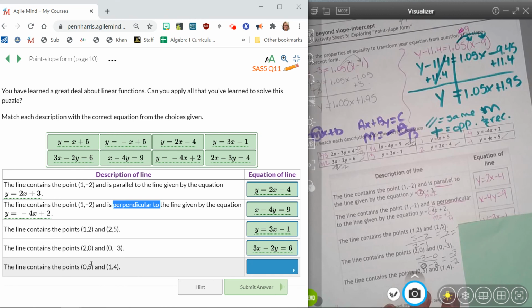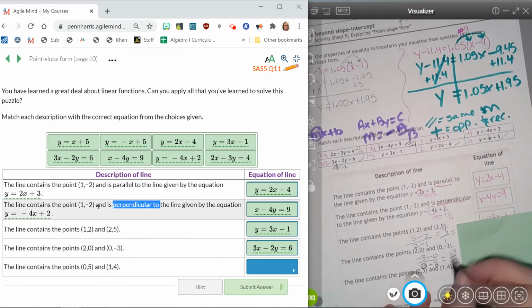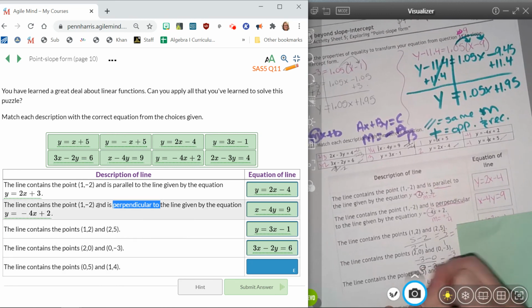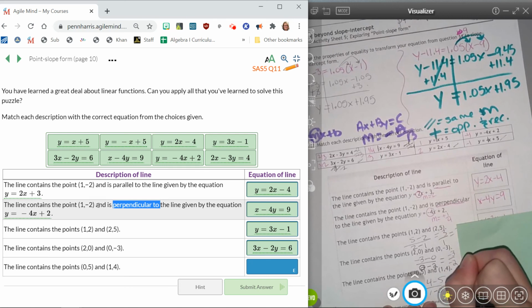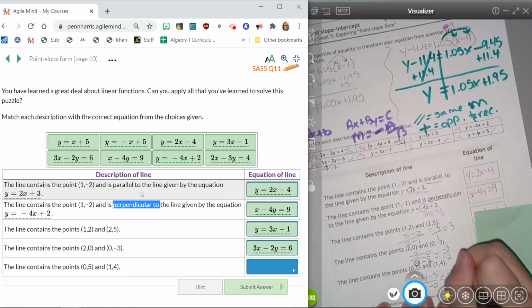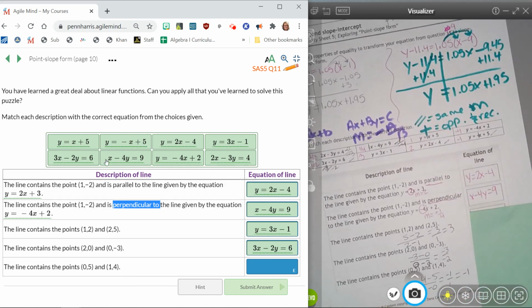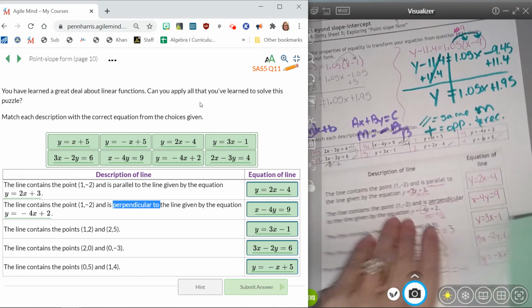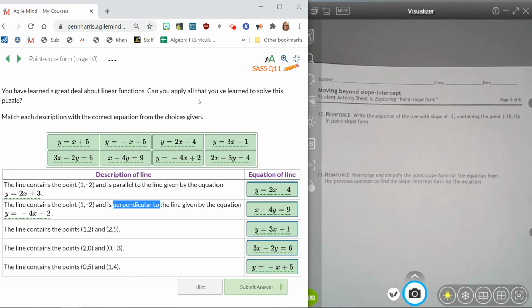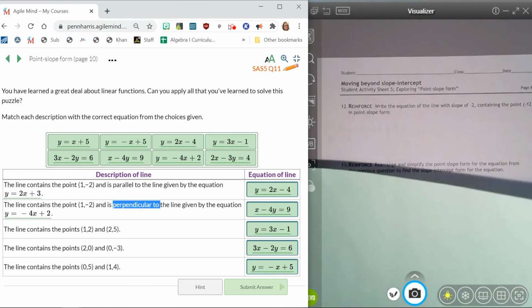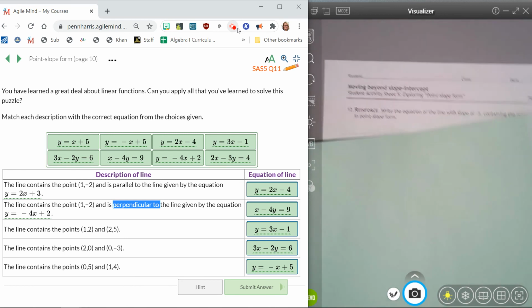And then lastly, we've got 4 minus 5 over 1 minus 0. That's -1 over 1, which equals -1. The only one up here that has a slope of -1 is this -x plus 5. And then after that, guys, it's just reinforced questions. So go ahead and work on those with your teacher.